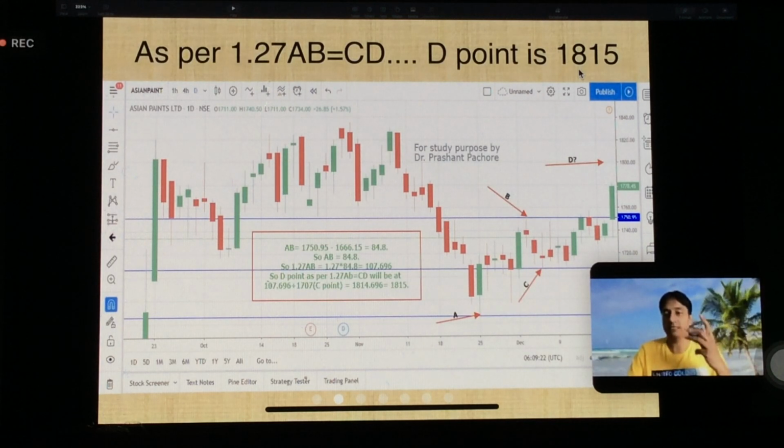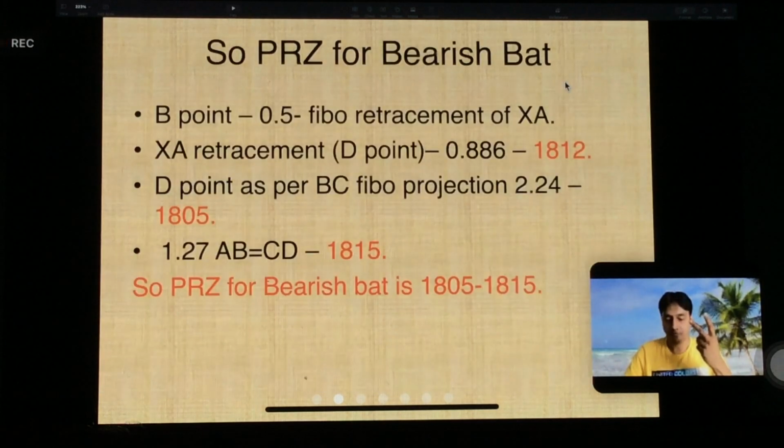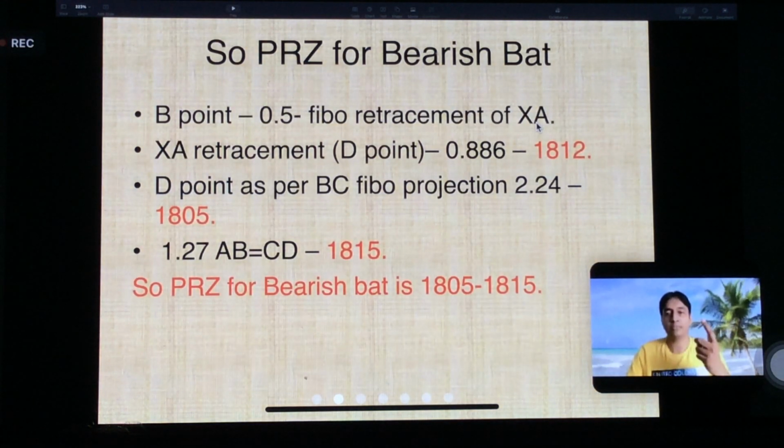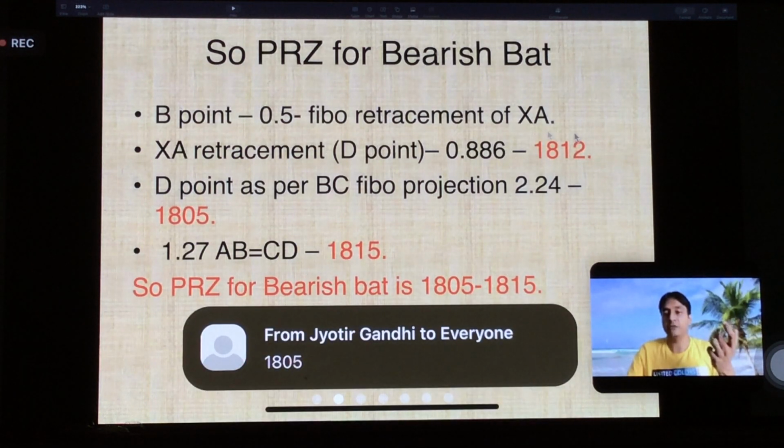So we have got three levels. Which are those three levels? One is 1815 as per alternate ABCD. Then the first level we got is the B point at 0.5 retracement of XA. So I am just making an assumption that it will be a bat pattern. So as per XA, I will be getting 0.886 at 1812.